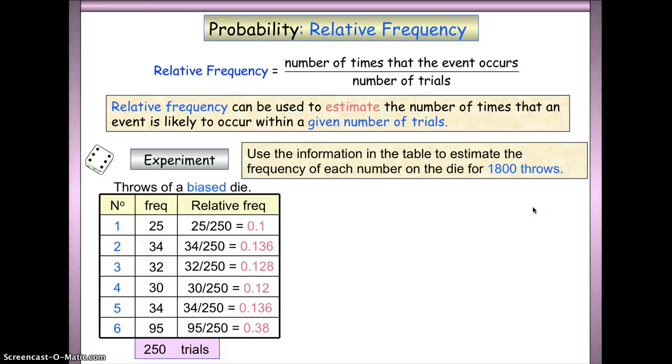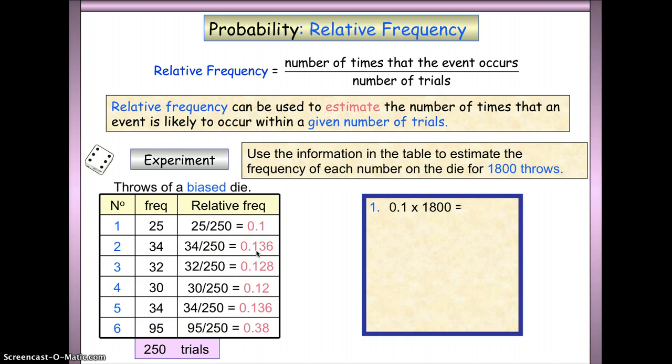You don't have to throw 1,800 times. Using the result of your experiment, you can predict the number of times each event will occur based upon your data.